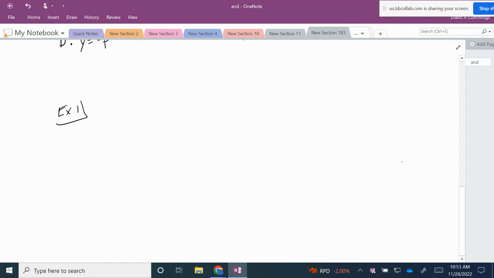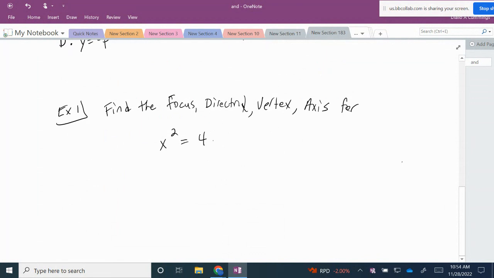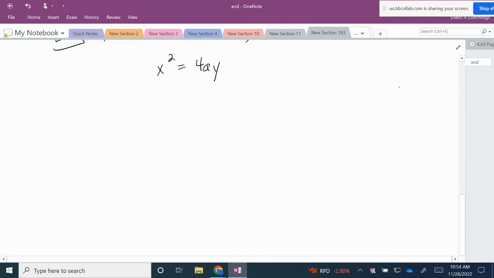All right, so here's our first example. Find the focus, directrix, vertex, and axis for x squared is equal to 8y. Right?